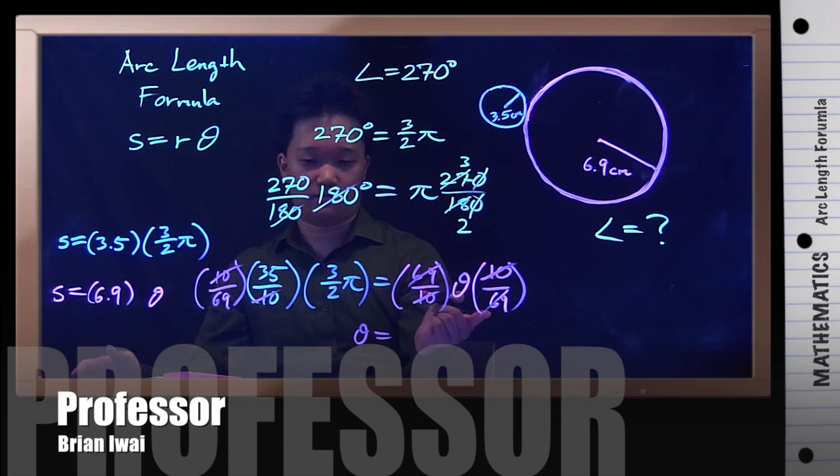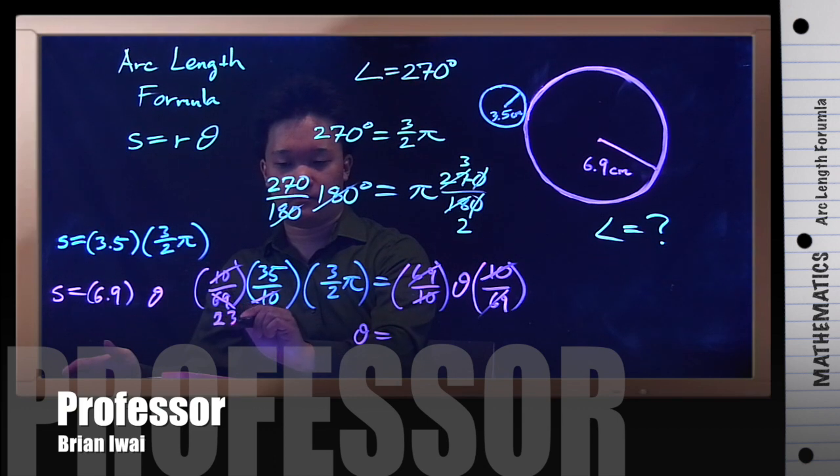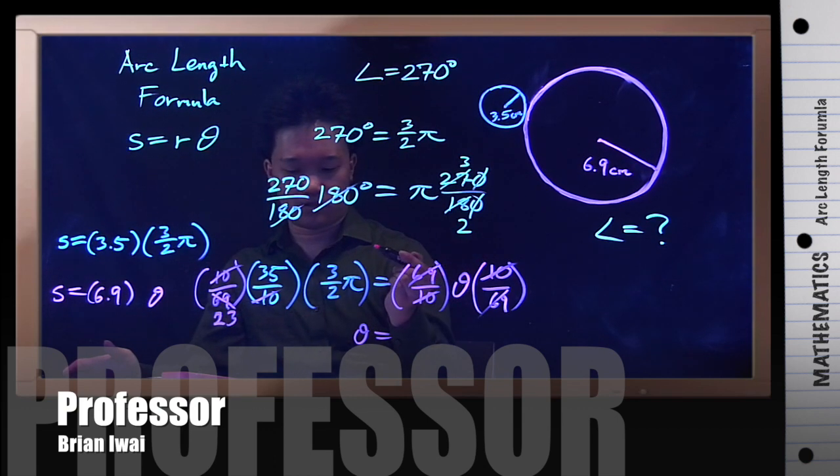I can simplify 69 and 3 by dividing both by 3, so 69 becomes 23 and 3 becomes 1.